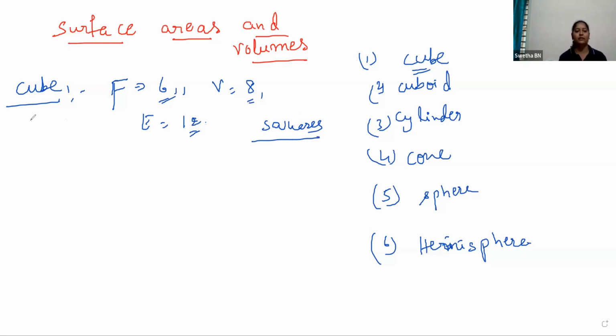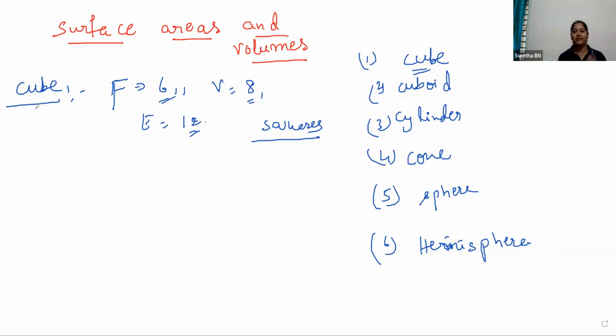Can you give an example for a cube? Shreya, can you give an example for a cube? You know Rubik's cube, no? Yes or no?